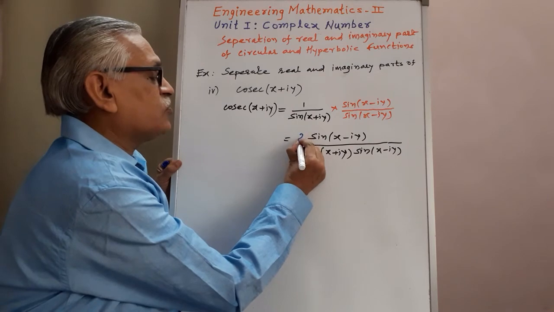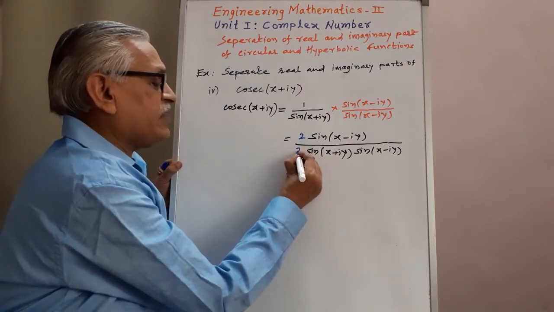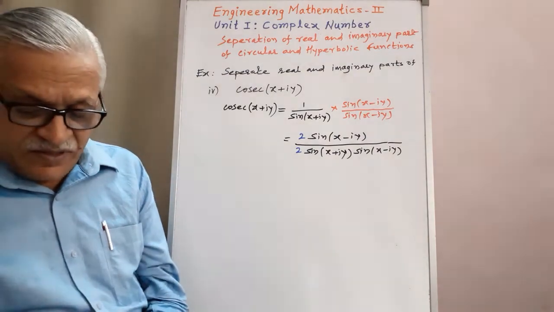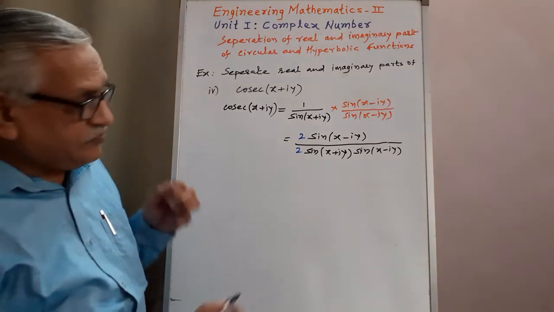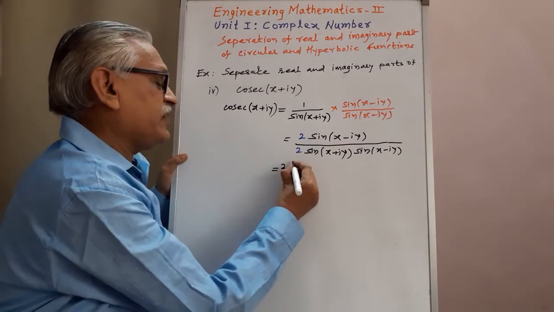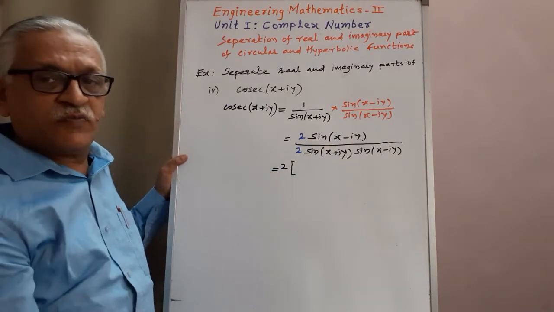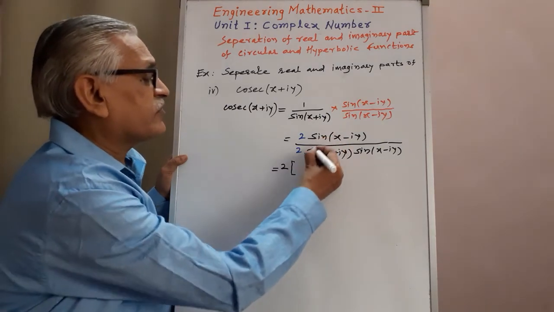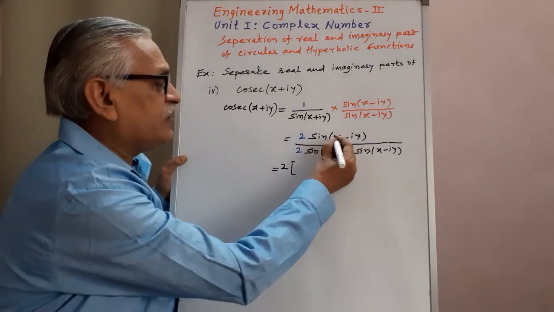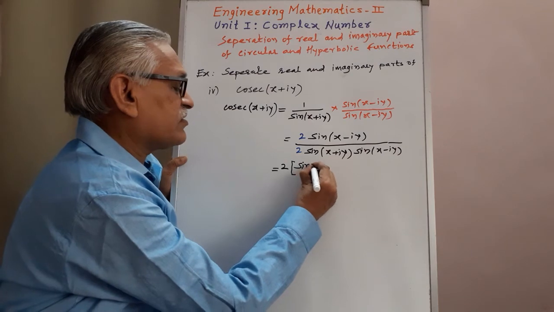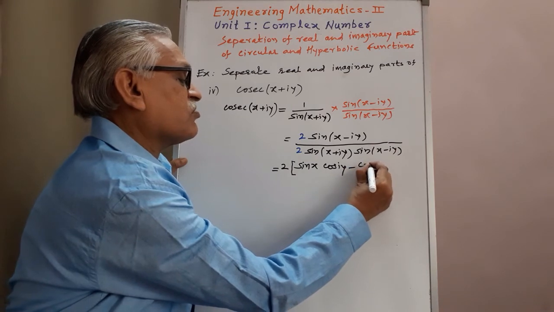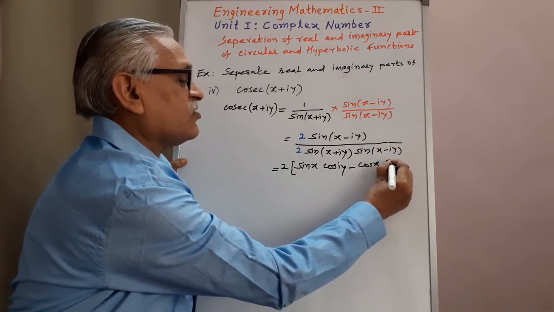Therefore, here it is 2 times sine of x minus iy and divide by 2 times sine of x plus iy, sine of x minus iy. Then it is equals to 2 as it is. Sine a minus b, using that expansion, sine a cos b minus cos a sine b. Therefore, sine a cos b minus cos a sine b, and therefore expansion is sin x cos of iy minus cos x sin of iy.